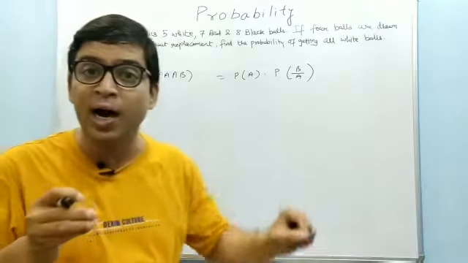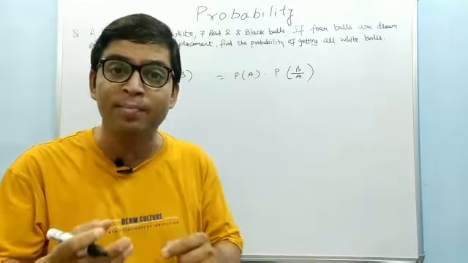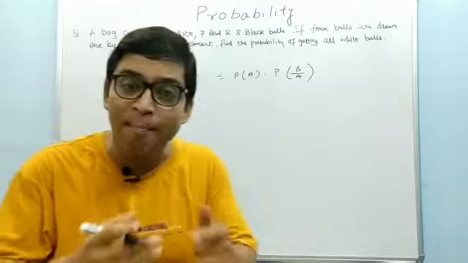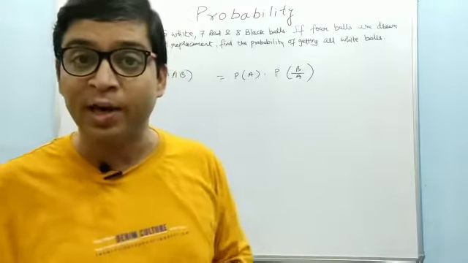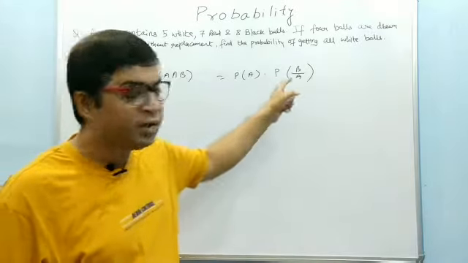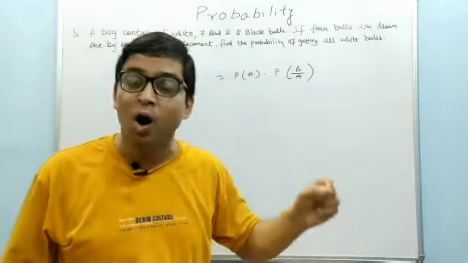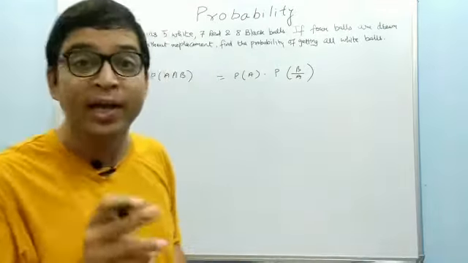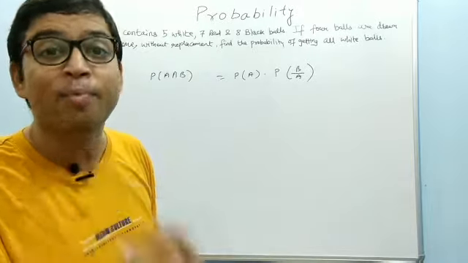So this is the formula for dependent problems, for both happening simultaneously, because the dependence of B is there on the happening of A. That we will see in the problems.